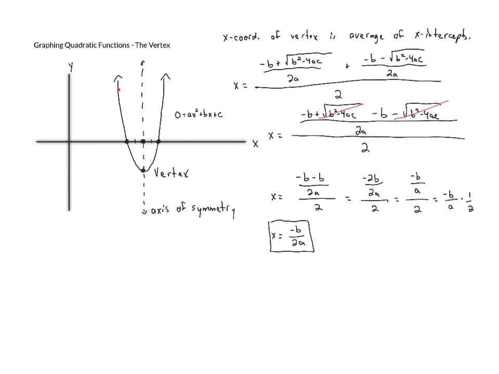For the graph, the vertex tells us where it changes shape, but if this parabola represents some sort of situation, like if it's an upside down parabola, let me just sketch one. If this is a parabola that represents the trajectory of a rocket, for example, then knowing the vertex tells us how high that rocket has gone.